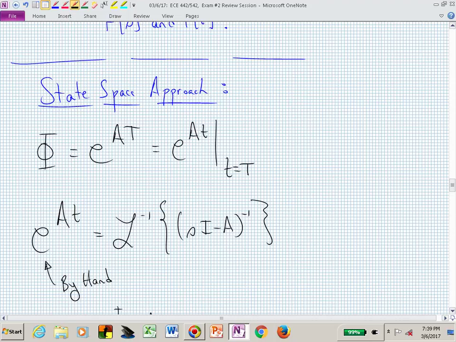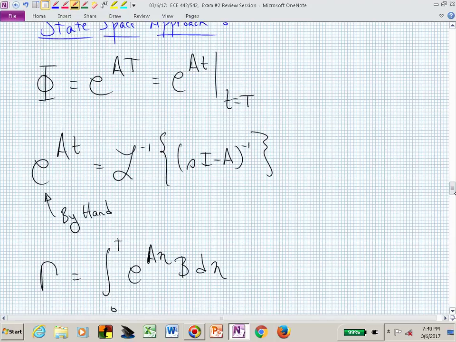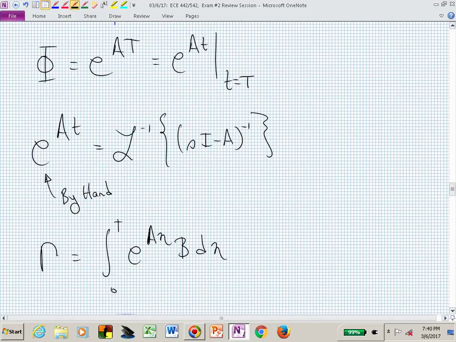And maybe we'll go over a little example in a minute. And the input matrix, gamma, you have to use this matrix exponential, e to the A t, except now if I put that in the argument of an integral, maybe it's e to the A eta. B, you probably want to post-multiply by the input matrix.